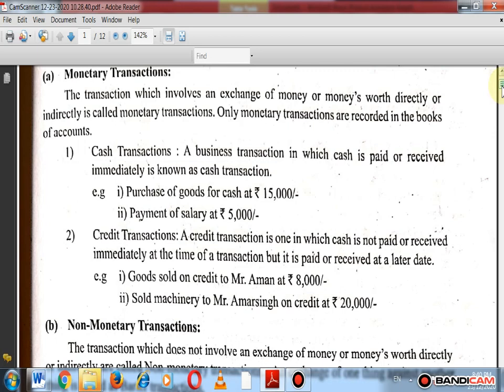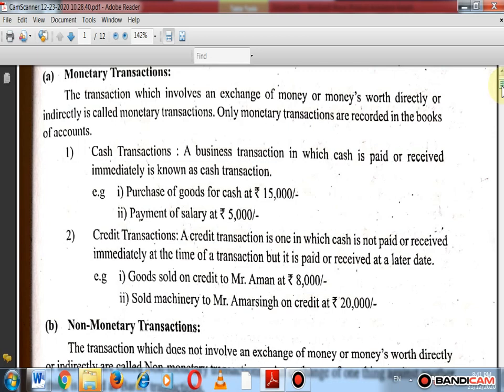For example, purchase of goods for cash at rupees 15,000. Here the person has purchased goods for cash at rupees 15,000. It means he purchased 15,000 worth of goods and paid 15,000 to the shop immediately.